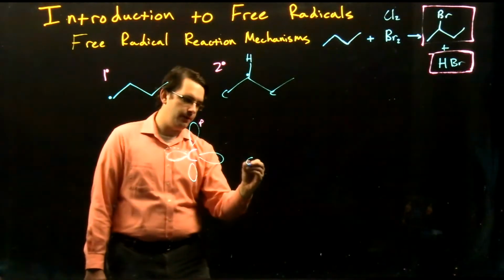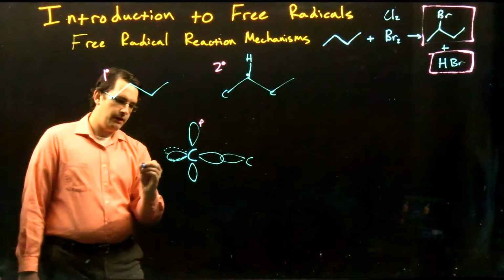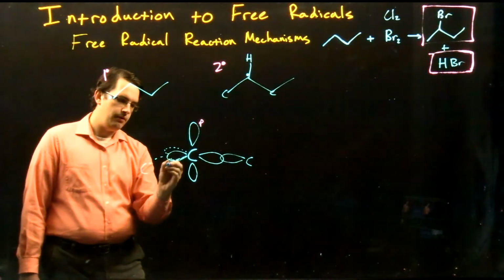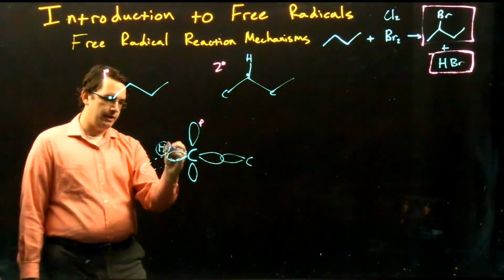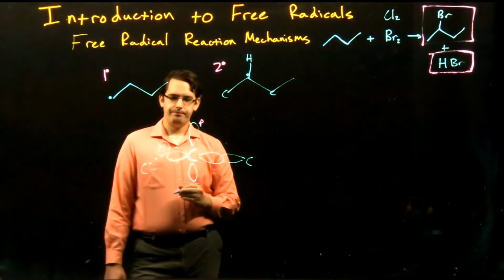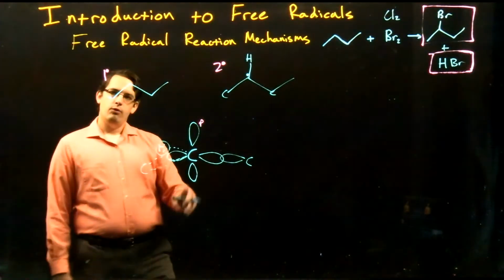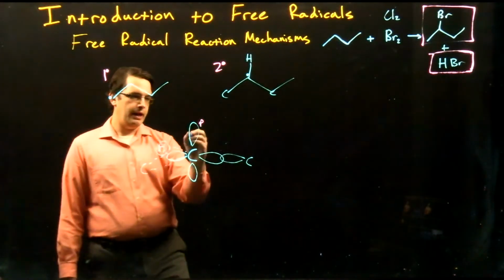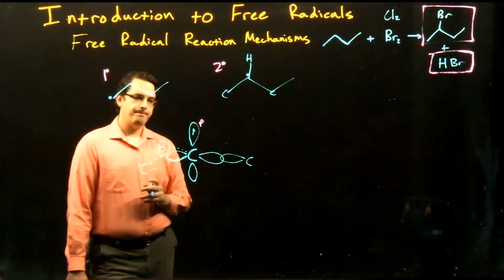So this would be going to our other carbon. This would be going to another carbon over here. And the last one, of course, would be going to our hydrogen right here. So, within our p orbital, we're going to have just our single unpaired electron.